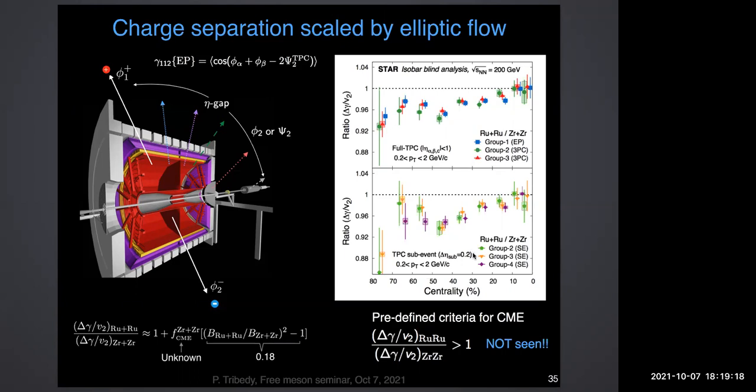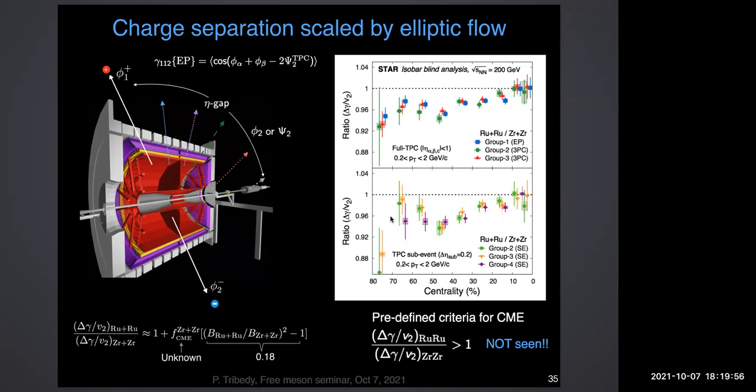The reason is the decorrelation: the angle of the direction of the magnetic field is very random here compared to the participant plane. So the magnetic field is not really large here. In fact it is small, and that's definitely not the reason. And even if it was large, it still doesn't explain why it is below 1.